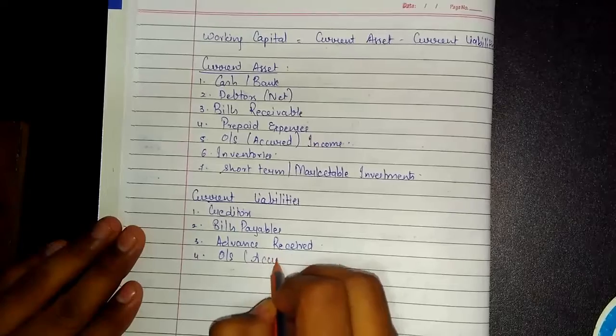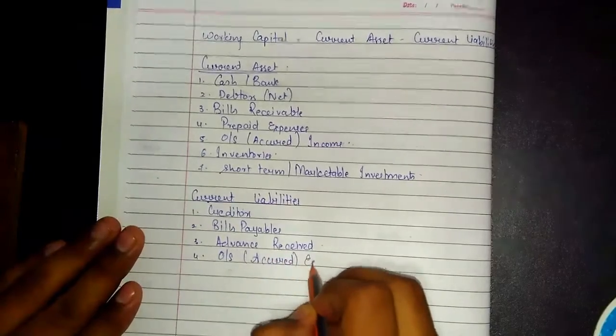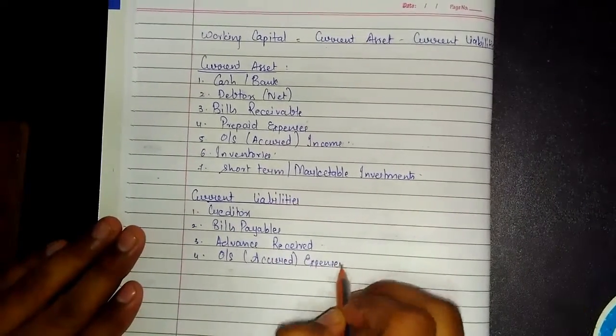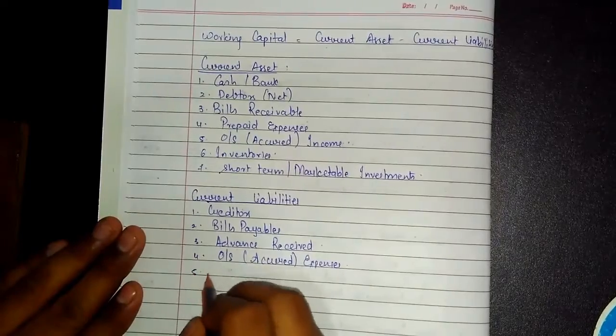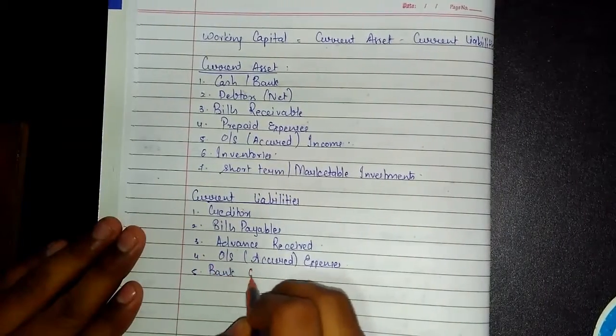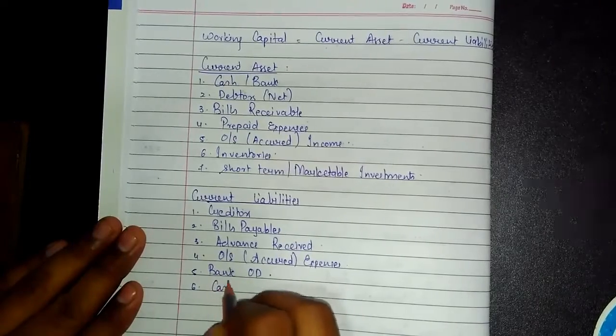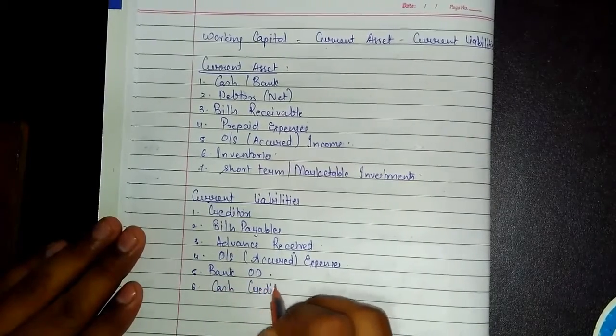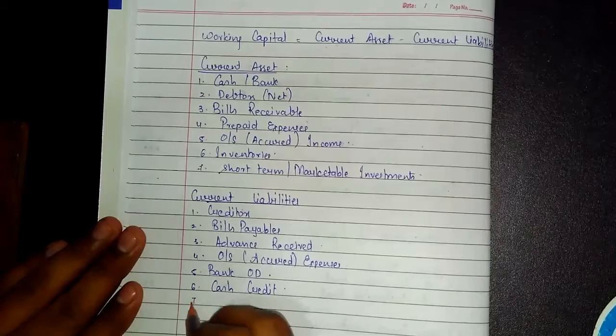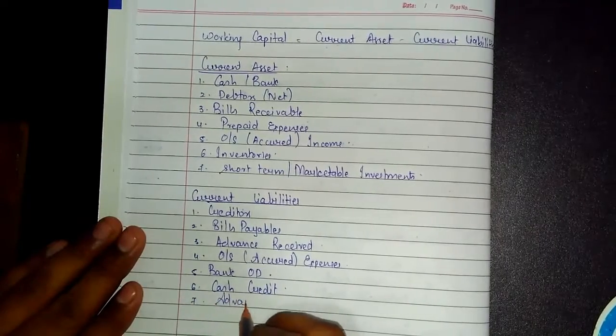Outstanding, that is accrued expenses. Bank OD, that is overdraft. Cash credit and advance income.